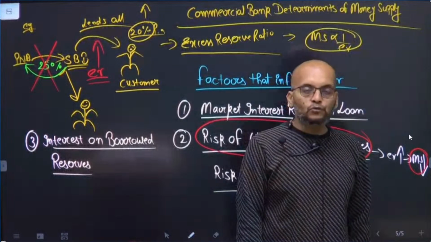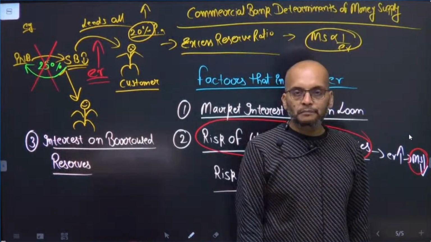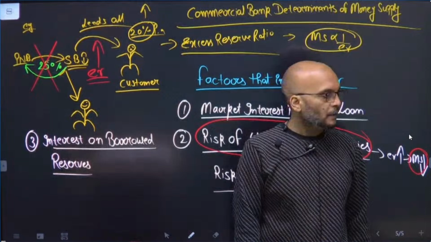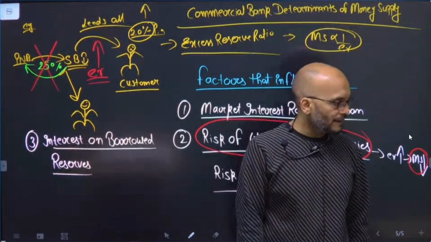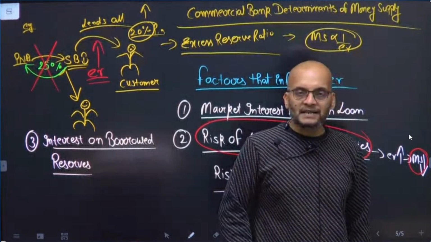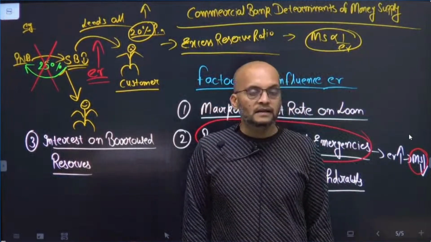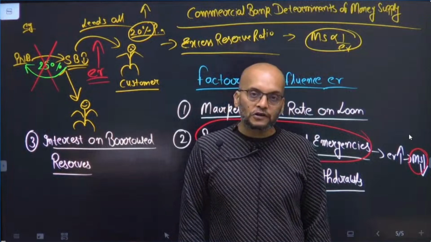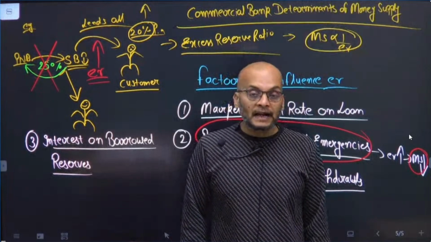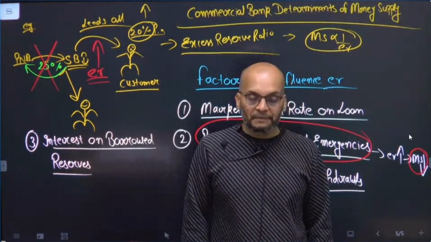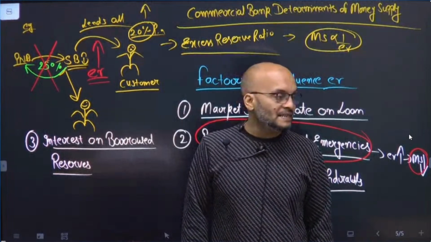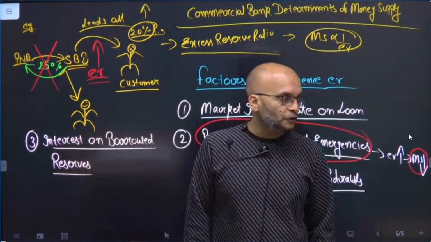That's the reason to counter inflation, tight money policy is applied by the central bank, right? So if ER is increasing, then money supply is going to contract. If money supply is going to contract, that means tight money or hard money policy will be prevalent. So it won't be easier to acquire loans and all.